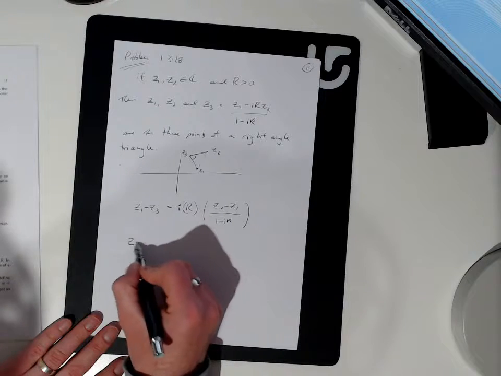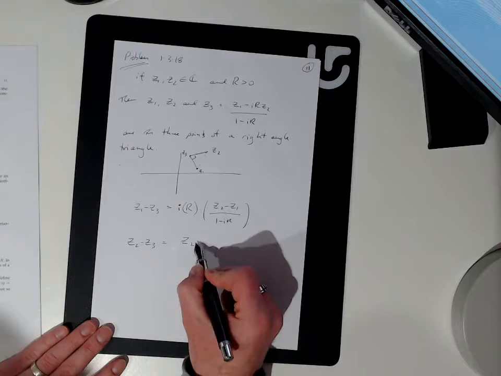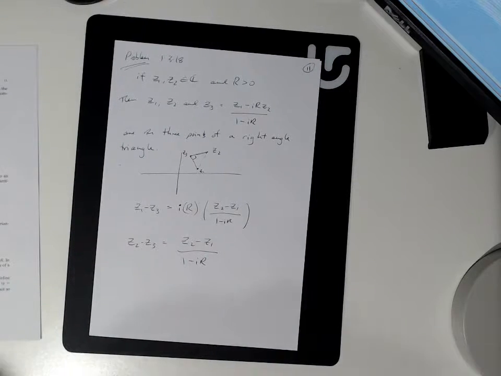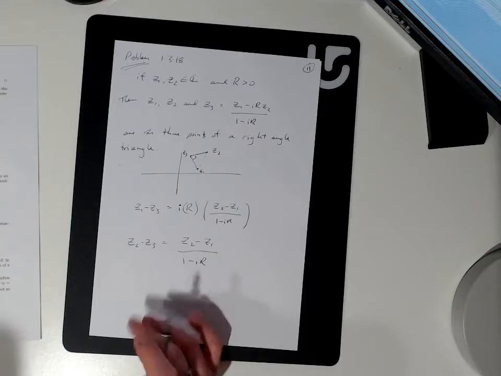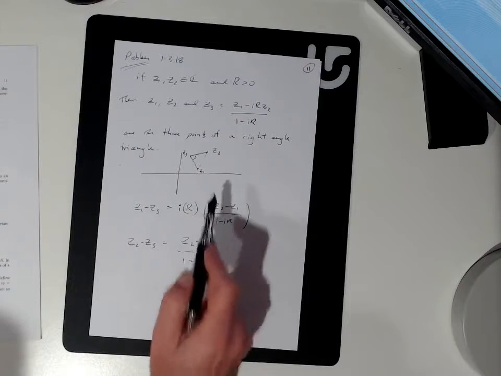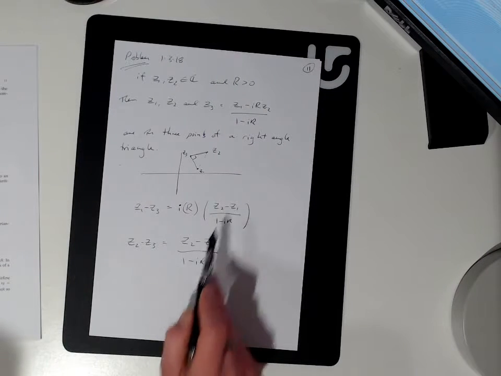And if we write down z2 minus z3, this is z2 minus z1 over 1 minus ir. Now, what did I just say about i? Multiplication by i is rotation by 90 degrees. So we have one line, and we have another line.